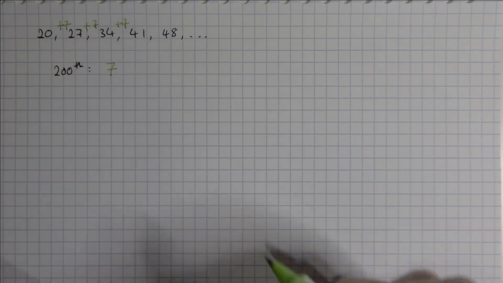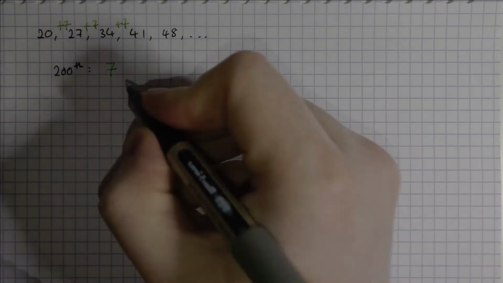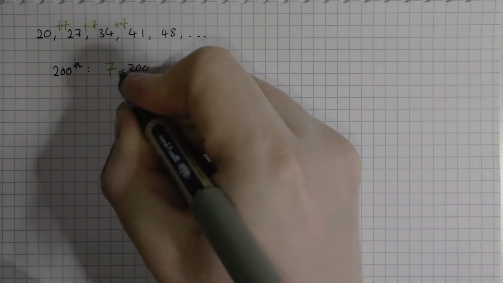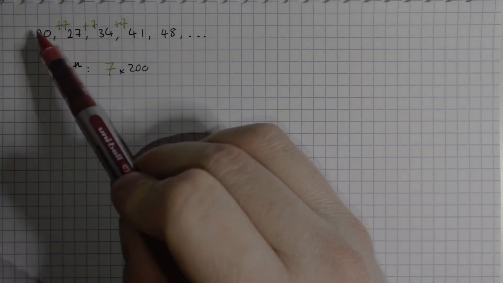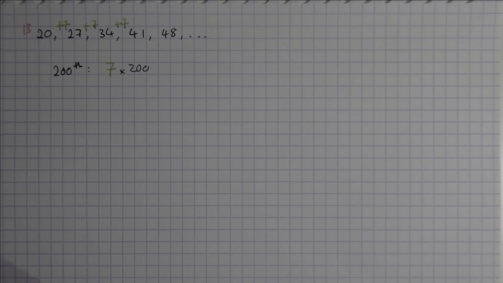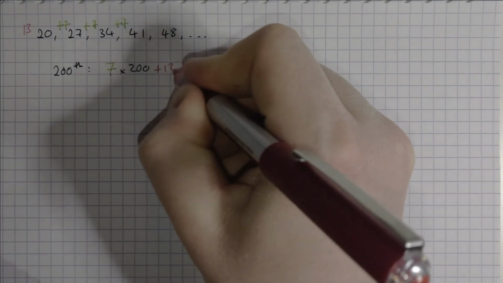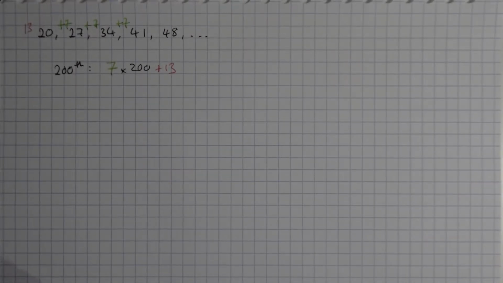So difference times term number. Here the term number is 200. I need the 0 term. The 0 term is the one that comes before the first term. Well, 7 less than that is 13. 13 would have come before the 20. So I'll add on 13. 7 lots of 200 is 1,400. So I get 1,413.